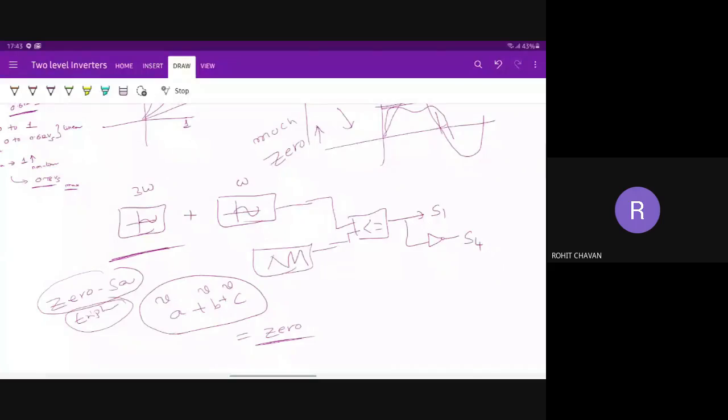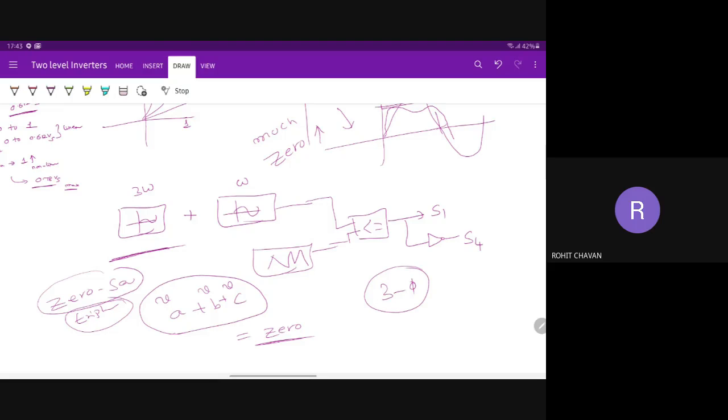In synchronous PWM and asynchronous PWM, in case of unipolar, is the number of pulses created the same or different? In case of unipolar, the synchronous and asynchronous concept will not come. Normally in case of three phase, when you have three modulating signals, then only this problem will come.